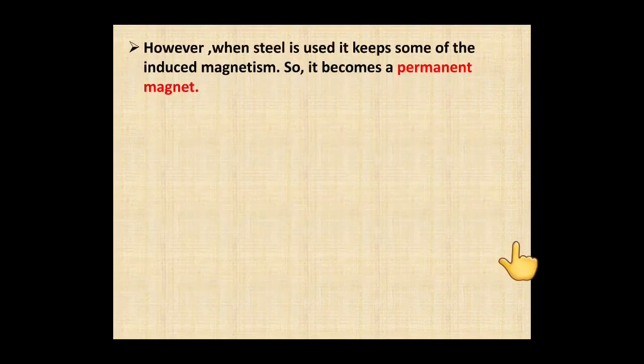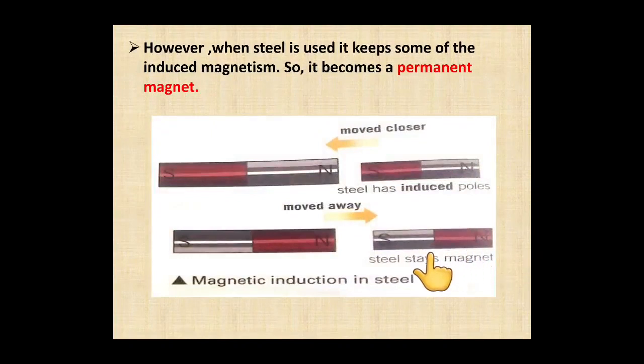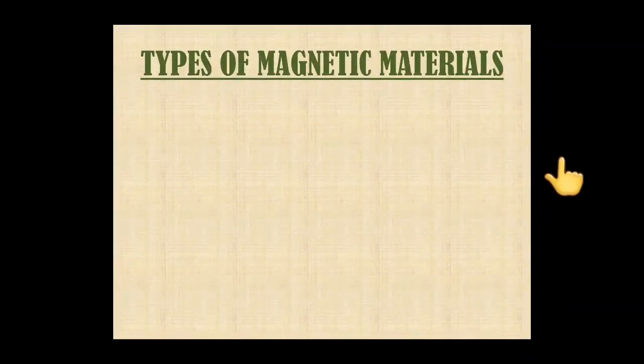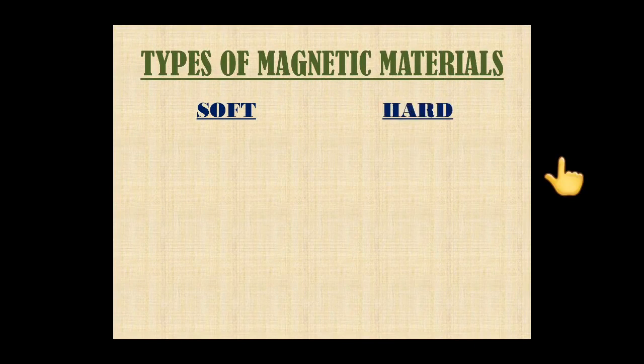But in case of steel, if you pull away the magnet also, steel will not lose its magnetism, or it can keep some of its induced magnetism. So, steel becomes a permanent magnet. Based on this, there are two types of magnetic materials: soft magnetic material and hard magnetic material.